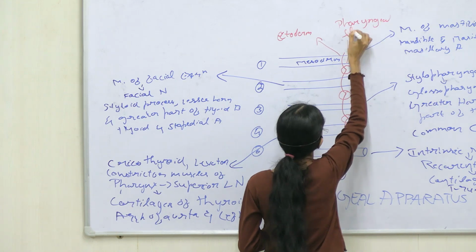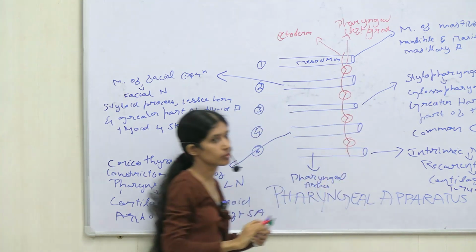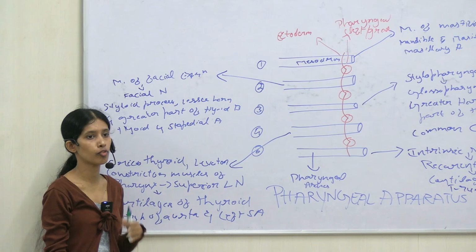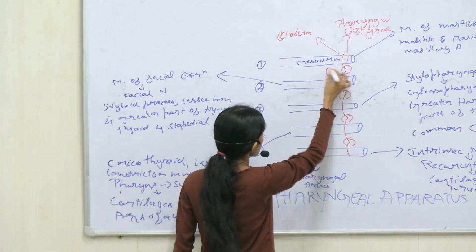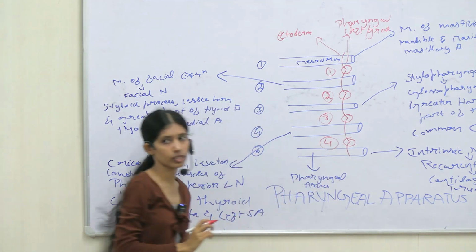Pharyngeal clefts or grooves are 4 in number: first, second, third and fourth.